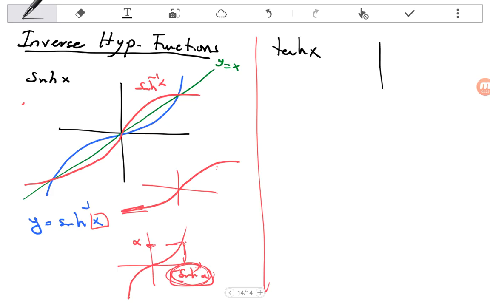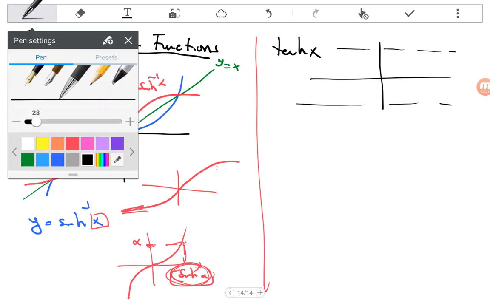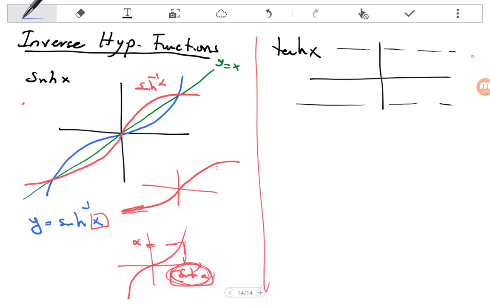And also would be the case for tanh x. Why? Because tanh x also is 1-to-1. Tanh x had two asymptotes like this, and it was like this, and that was from 1 to -1. The output for tanh was always from -1 to 1. In this property, it is much like the sine and cosine before.